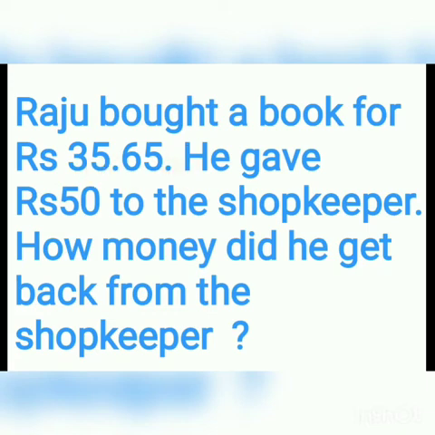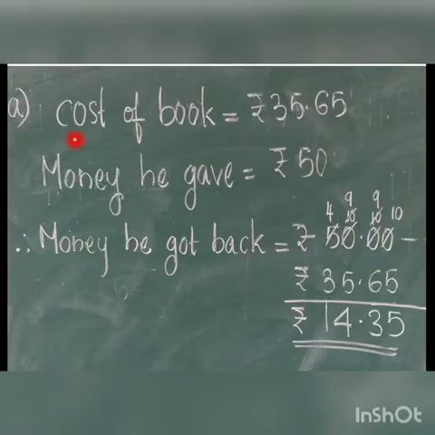So writing the steps first. What is the cost of book? Cost of book is rupees 35.65. Now how much money he gave to the shopkeeper? Money he gave rupees 50. Now money he got back is, I made that rupees 50 a decimal number. Where should I insert the decimal point? After the number. So 50.00 minus 35.65. Now subtracting, here all are zeros.